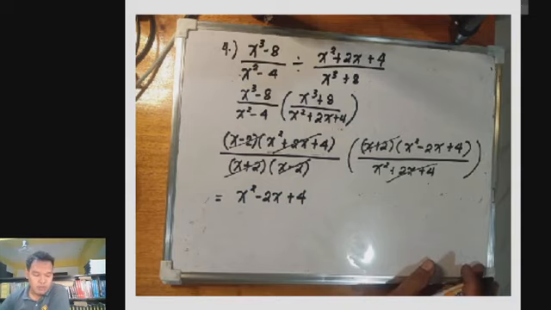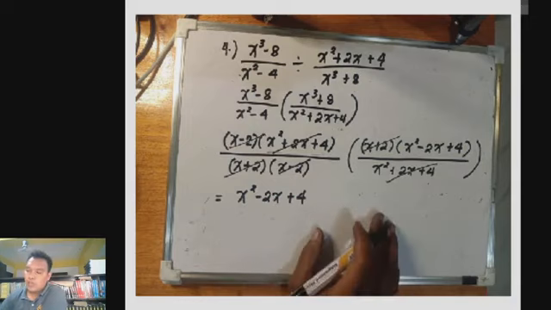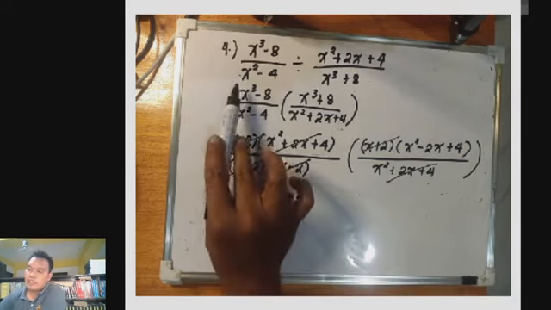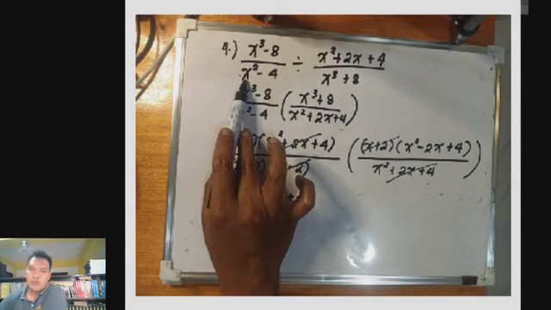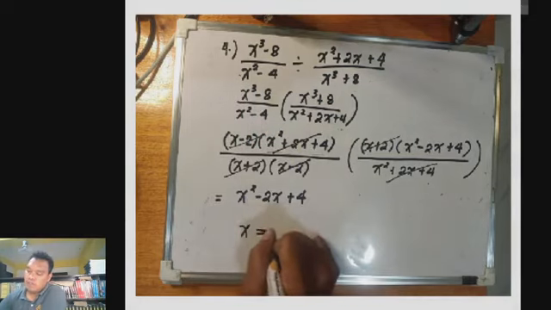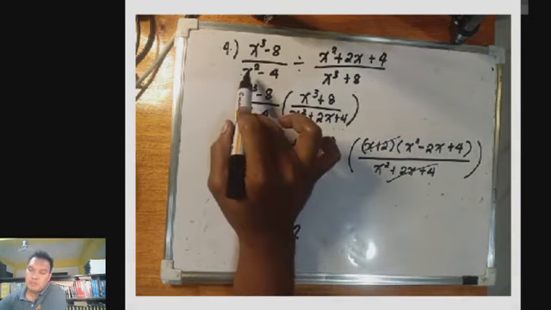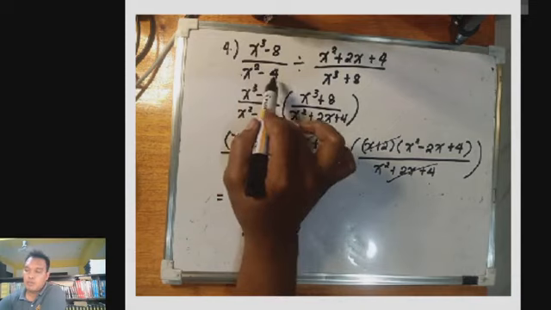Okay, to find the domain or the accepted value of x, so lalabas, we could say that x should not be equal to plus or minus 2, no? Kasi nga dito, pag nilagay natin positive 2, 2 times 2 is 4, minus 4 is 0.